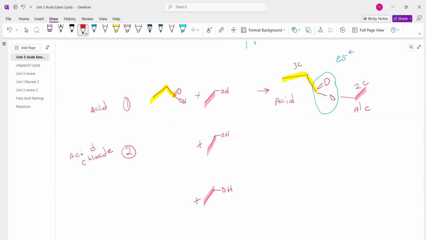So the acid chloride, there's no OH, there's a Cl there instead. Okay, so we use the acid chloride, we're going to end up with HCl and the ester.